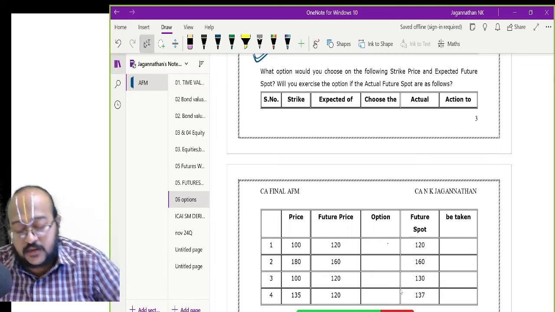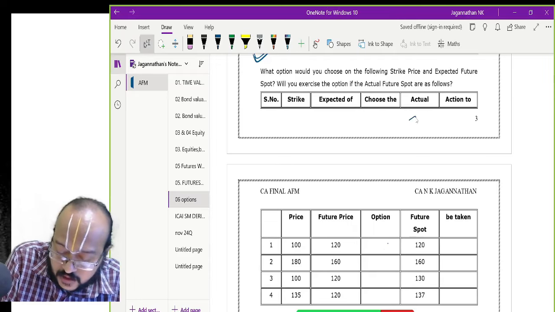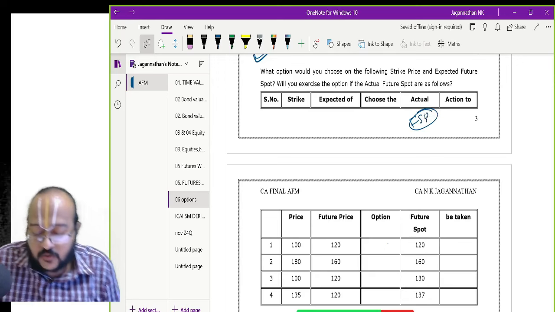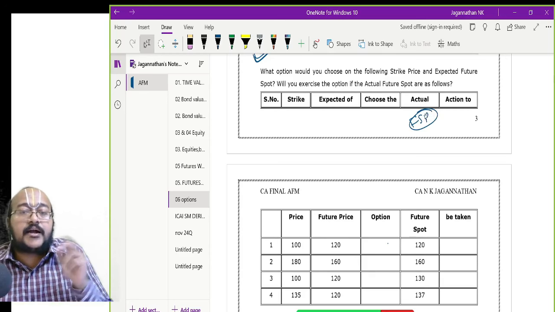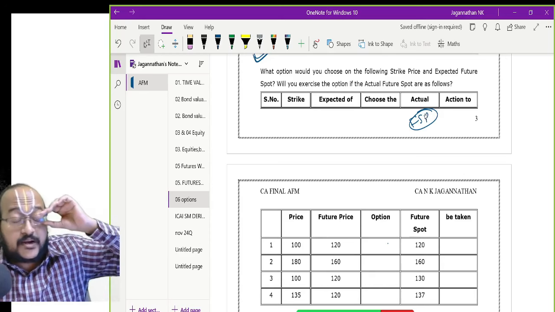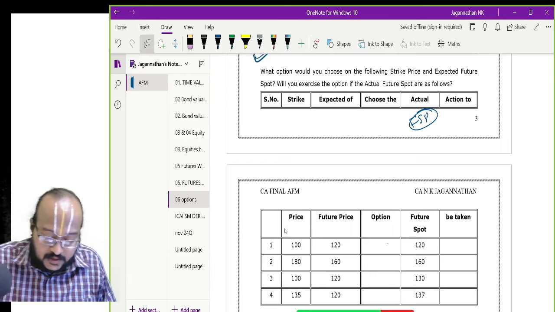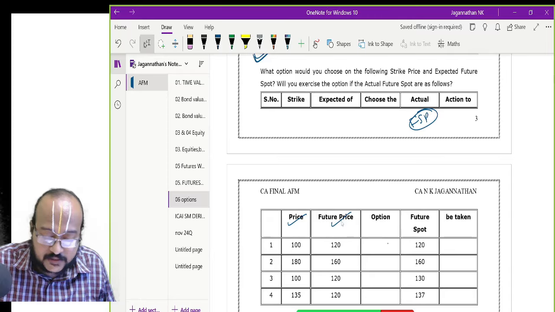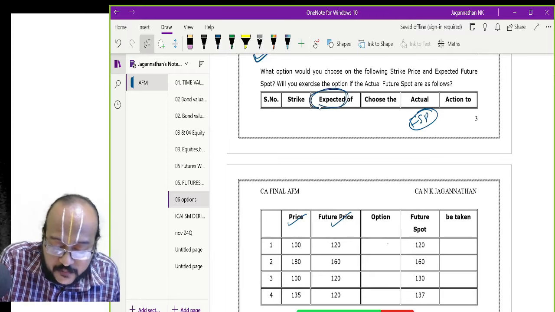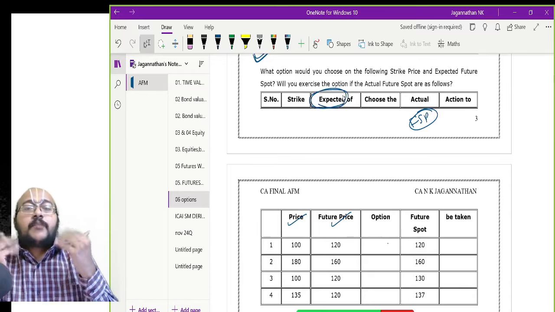Thereafter, based on the actual future spot price, you compare it to the strike price and decide whether you will exercise or not. What is different in this question is that the strike price is given, and the expected future price is given, which means whether you are bullish or bearish.